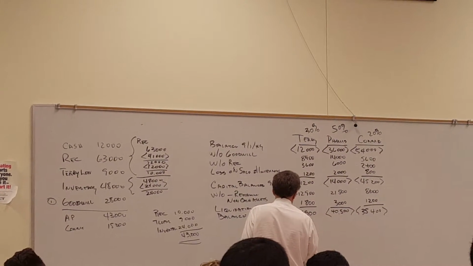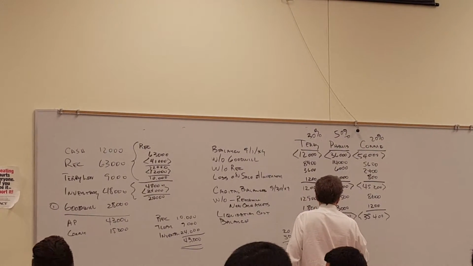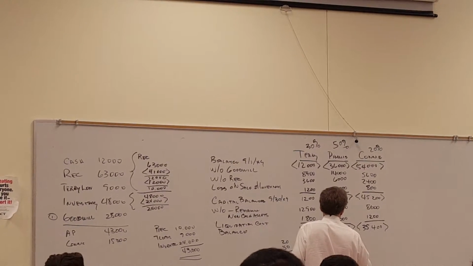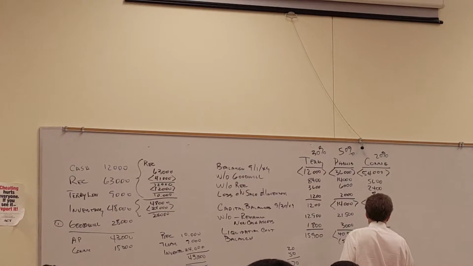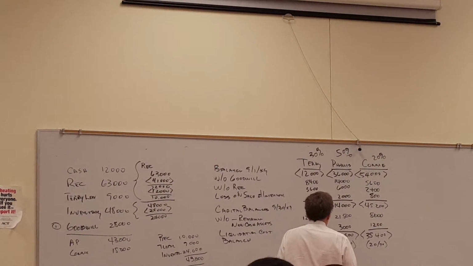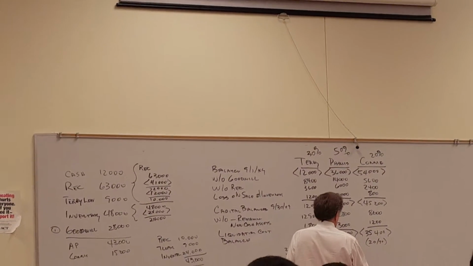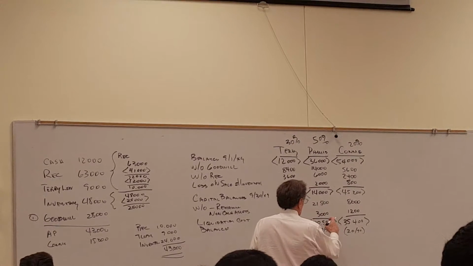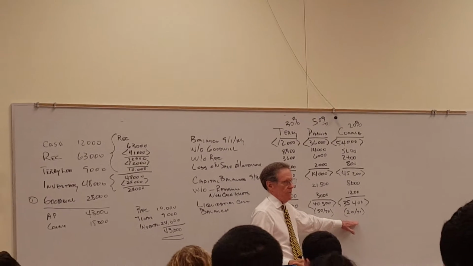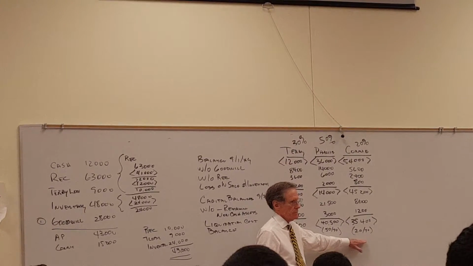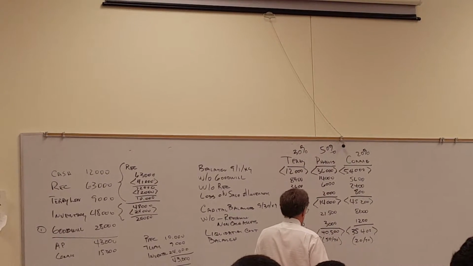So it would be 20 plus 50 is 70. So there would be 50 70ths here and 20 70ths here of the 15,900. There would still be a capital account, so whatever the residual of that would be, let's go ahead and make the computation.